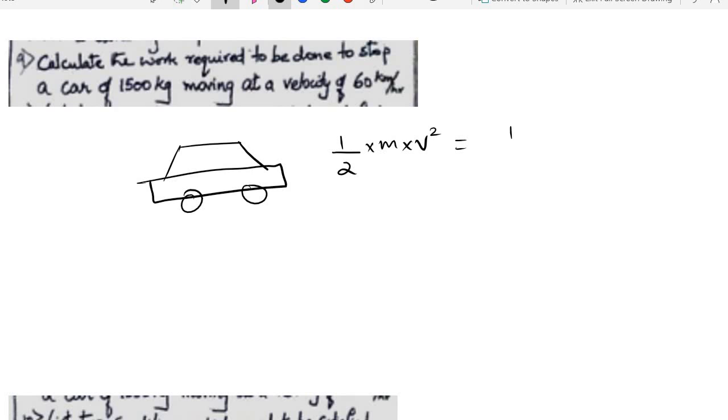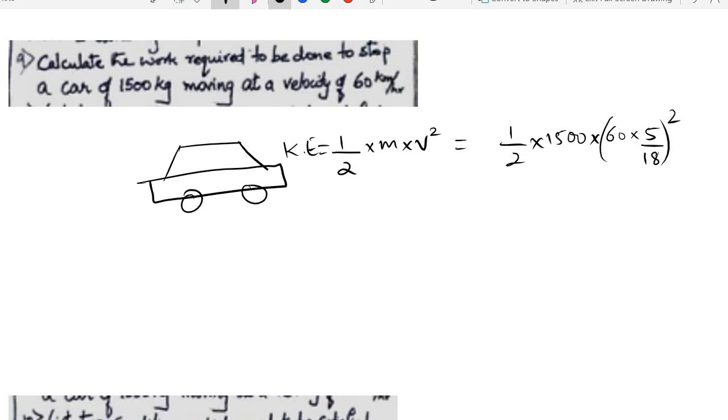This is equal to half into 1500 into v squared, where v is given in kilometer per hour and we need to convert it into meter per second: 60 into 5 by 18, whole squared. So this would be the kinetic energy of the body at that instant.